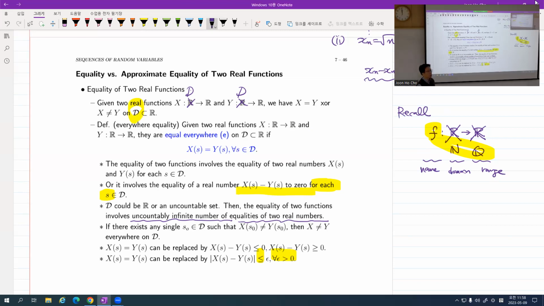Now, in order to say two functions are the same, what do we need? Here, I said two real functions, which means that this range and that range are subsets of real numbers. Actually, this is not precise. Probably you want to say R1 and R2, both subsets of real numbers. But anyway.